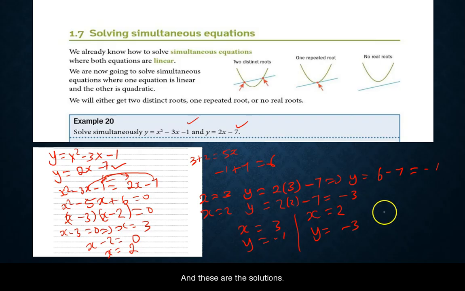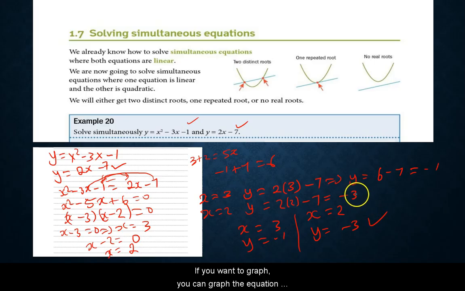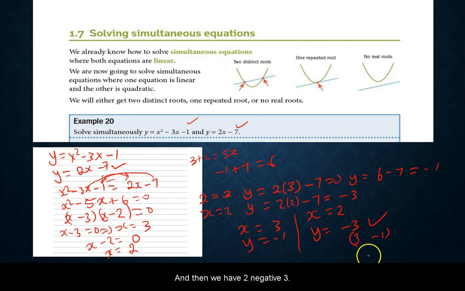And these are the required solutions for this equation. You can actually graph this if it is required. If you want to graph, you can graph the equation, making sure the point on the curve has coordinates 3, negative 1, and then we have 2, negative 3.